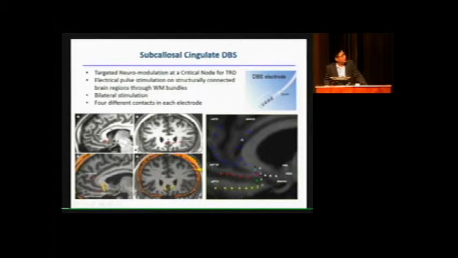If we go to contact 4, probably more cingulum. For SCC DBS, we do bilateral stimulation, and each electrode has 4 different contacts. The blue dots are each contact we acquired from the CT image.